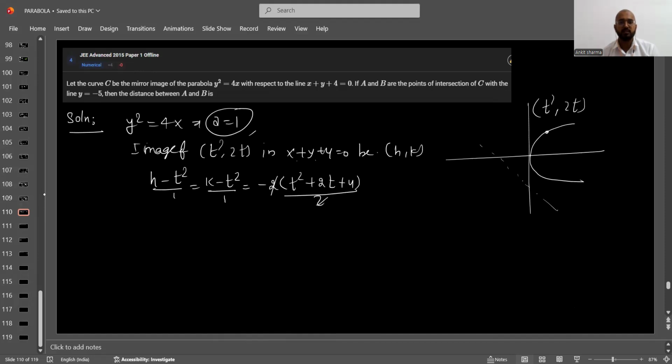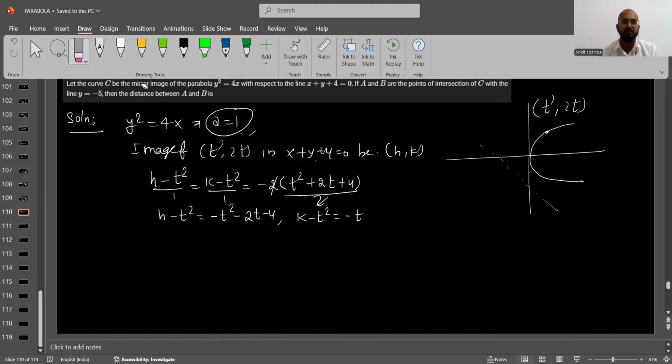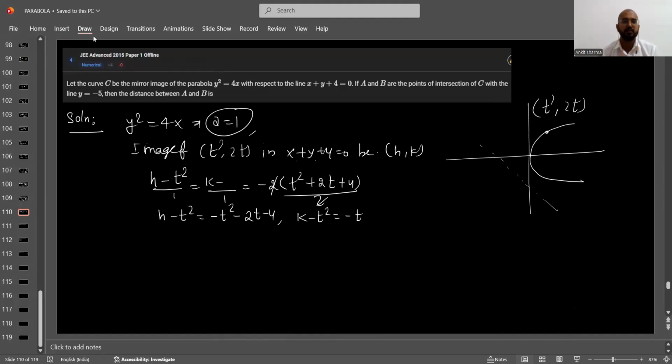So this 2 gets cancelled. So that means from here I'm going to have h minus t square is equal to minus t square minus 2t minus 4, and k minus 2t, it's going to be 2t here.